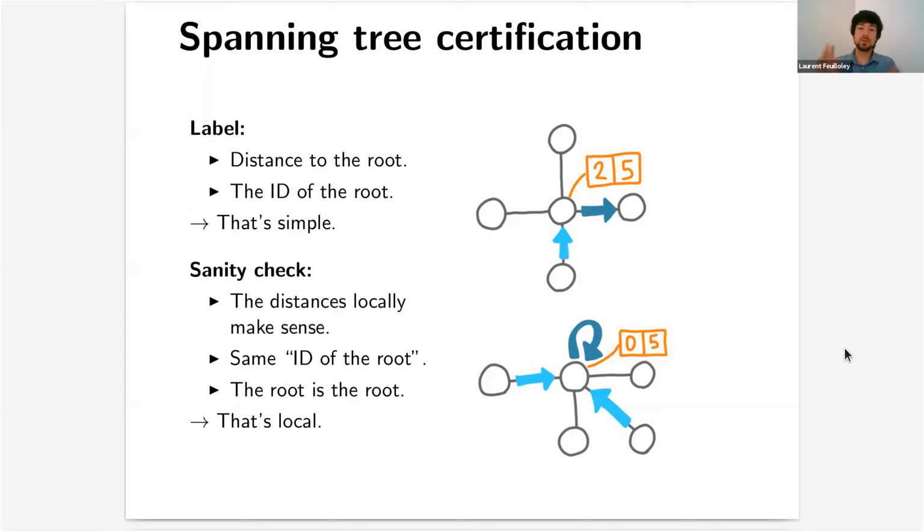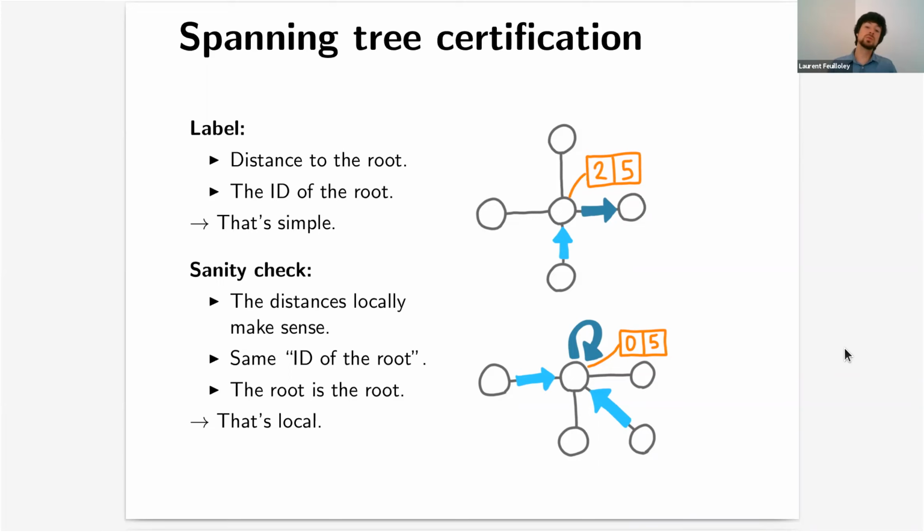So it's not a lot of memory, and it's also simple in the sense that for many reasonable algorithms, giving this to the node as additional information will be for free. It's not something that requires a lot of resources to compute. So that's nice, something you can give to the node for free.